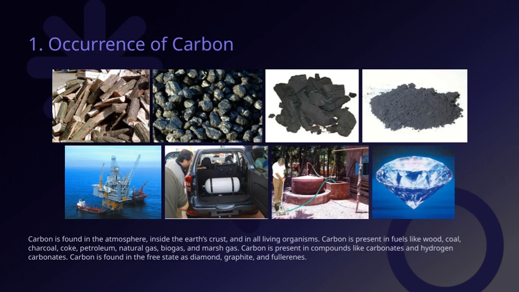And in its pure form, carbon exists as well-known structures like diamonds, which are incredibly hard, graphite, which we use in pencils, and fullerenes, which are fascinating molecular cages with unique properties. Overall, understanding where carbon occurs helps us appreciate its versatility and significance in our environment, industry, and daily life.